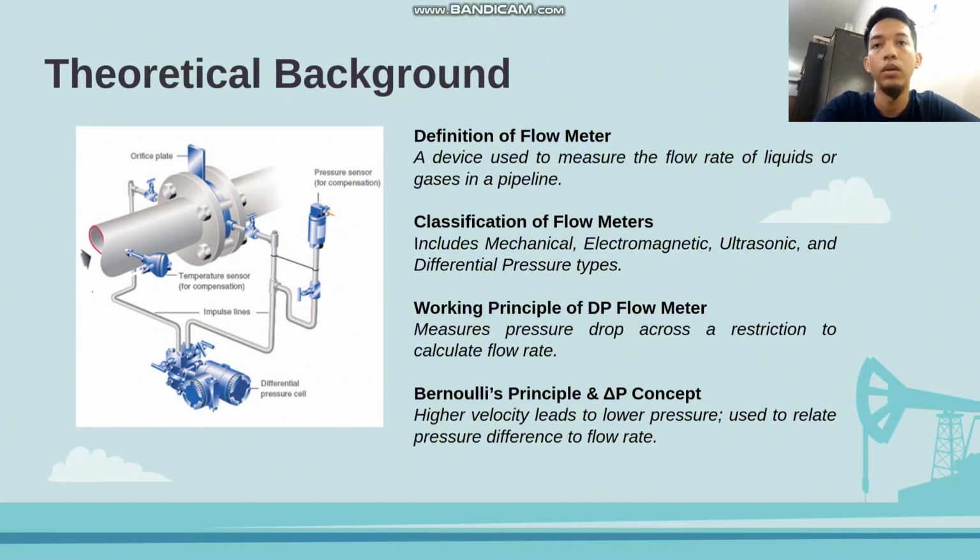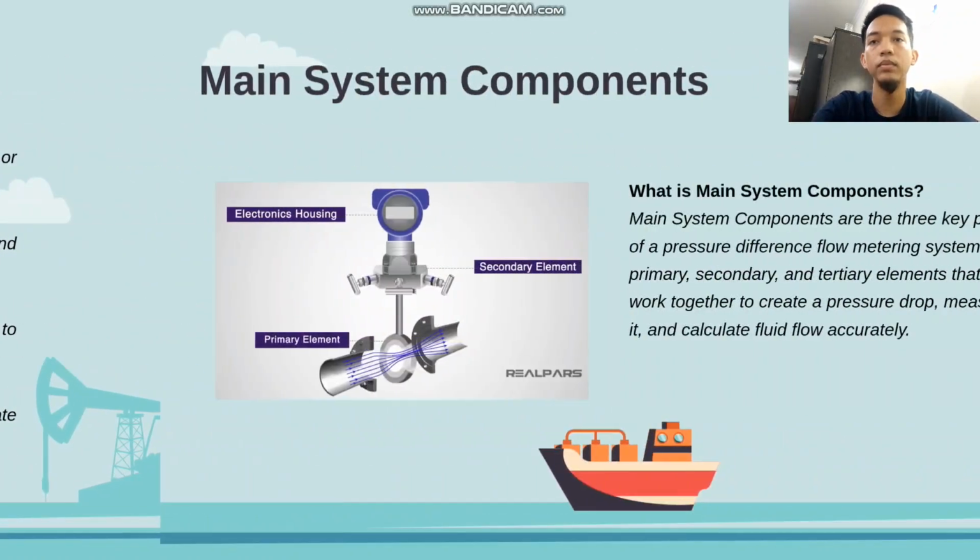The differential pressure flow meter works by measuring the pressure drop across a small restriction in the pipe. This helps calculate the flow rate. This is based on Bernoulli's principle, which says that when the velocity of a fluid increases, the pressure decreases. We use this idea to connect the pressure difference to the flow rate.